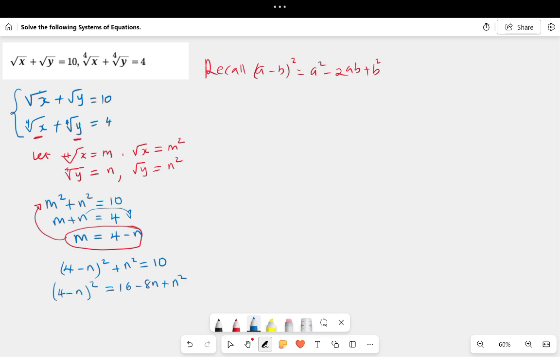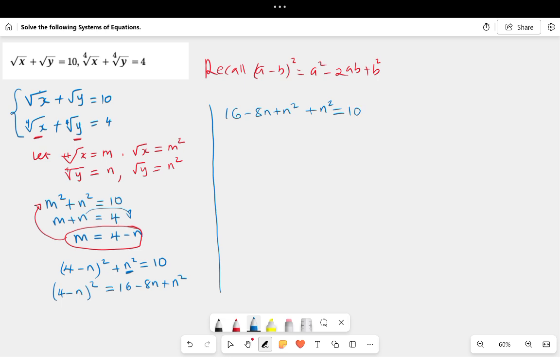And then now rewriting the equation afresh, instead of 4 minus n squared, we are going to have 16 minus 8n plus n squared. And then we have n squared plus n squared, which equals 10.